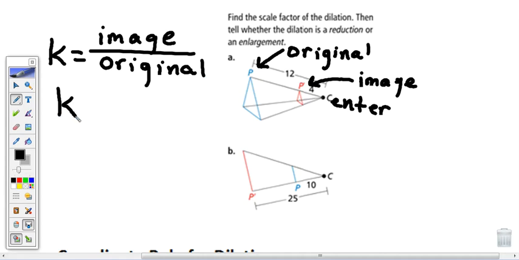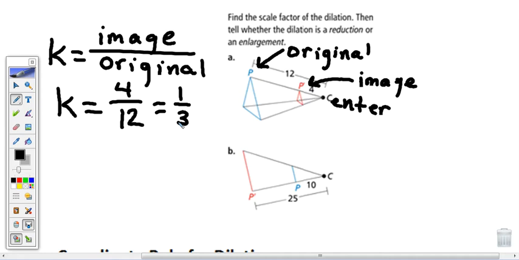What is the distance from the center to the image point? 4. What's the distance from the center to the original figure? So my ratio is 4 over 12, which reduces to 1/3. So the scale factor would be 1/3.